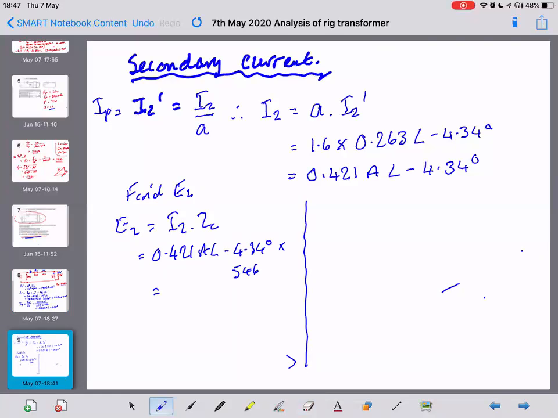Is that 546 you've got there? Yeah, it is. If we round it up to 3 significant figures, I've got 230 volts, angle minus 4.34.